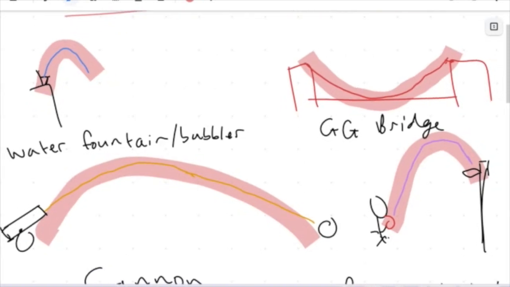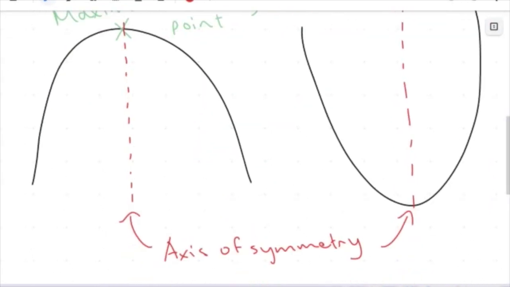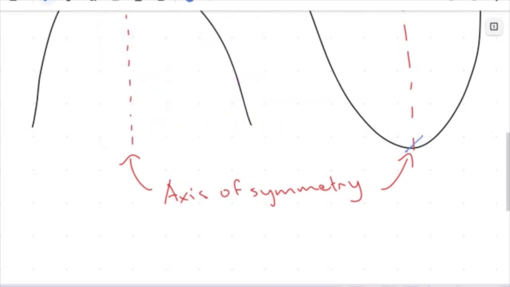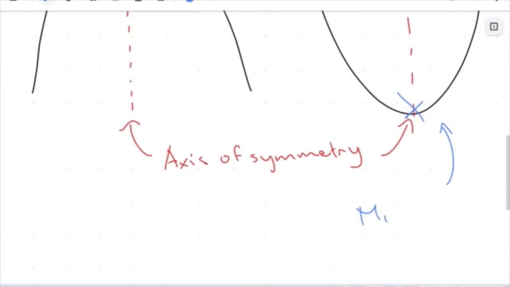Think about the Golden Gate Bridge. We have these two big bits on the left and right, and the wiring joining them starts at the top, goes down to a minimum, kind of down here, and then shoots back up to the top of this next one. So for these, we can say that down here, this is what we call a minimum turning point.